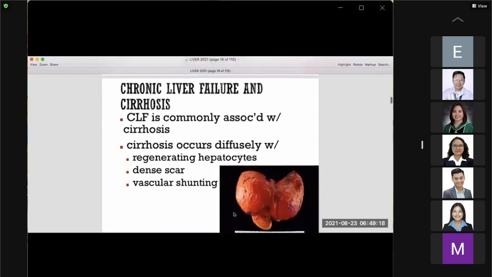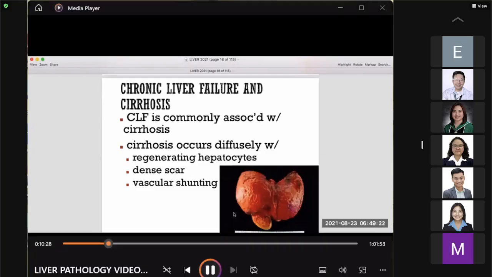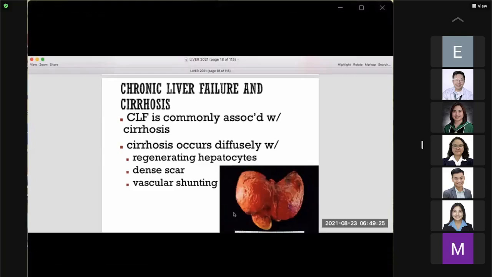On the other hand, with regards to chronic liver failure and cirrhosis, chronic liver failure is commonly associated with cirrhosis. There are other causes of chronic liver failure, but the most common one is cirrhosis.